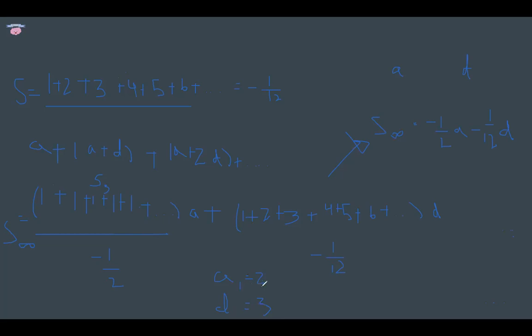Now you add everything up, or you can just use this formula. It'll be negative 1/2 times A. So you plug in 2 there, you get negative 1. Negative 1/12 times D, you get negative 1/4. So the sum is negative 5/4.